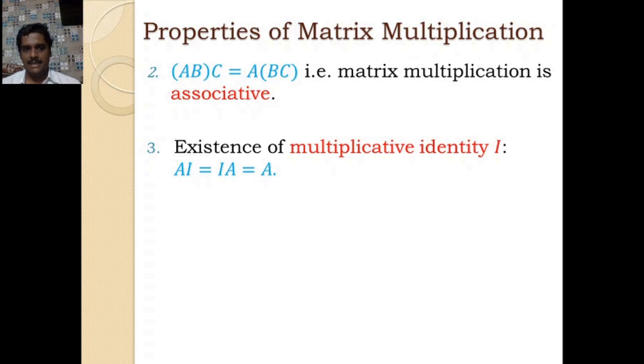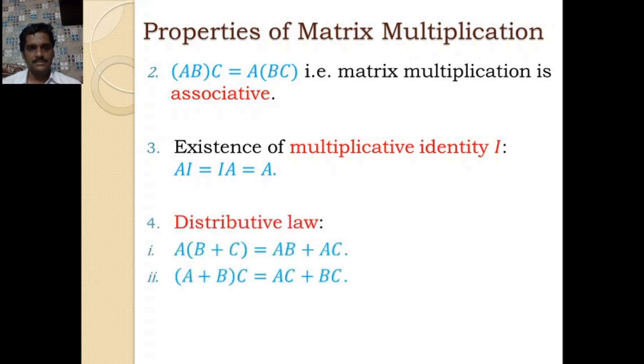If we multiply any matrix A with the identity matrix, there won't be any change. It will remain as it is. A into I or I into A will equal A. Okay, let's see the next.